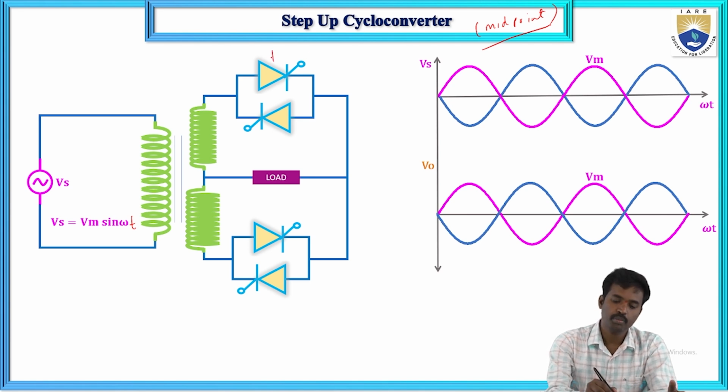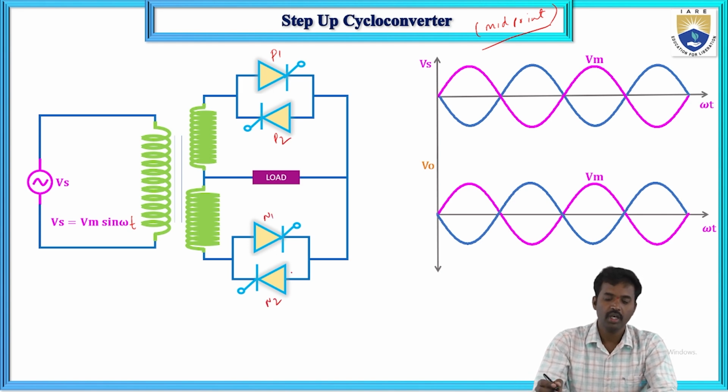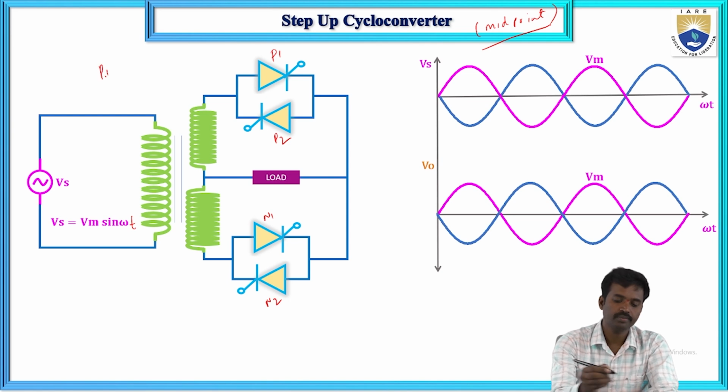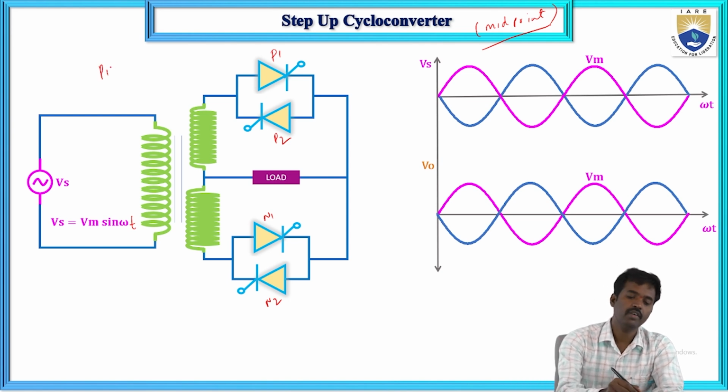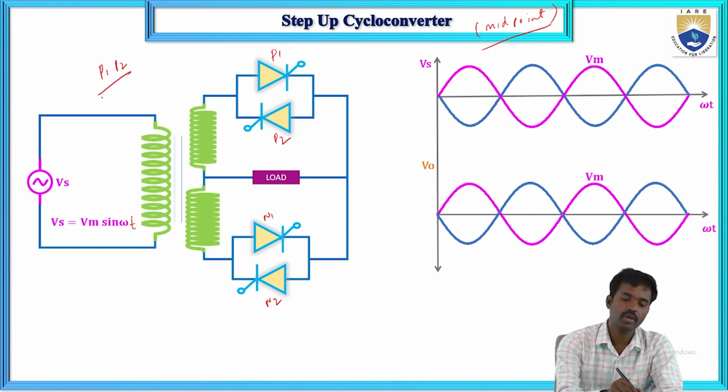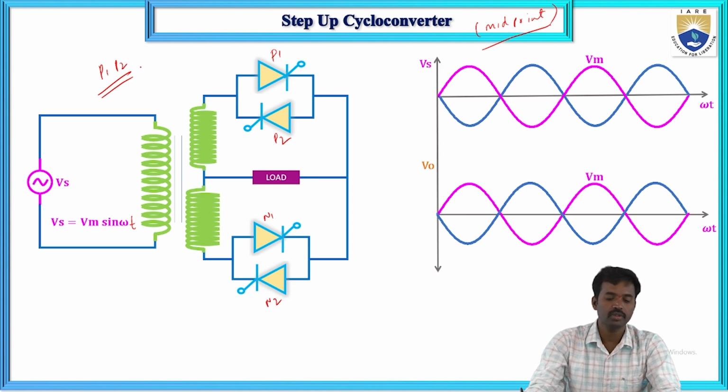These are P1 and P2, and N1 and N2. P1 and P2 are positive group thyristors, and N1 and N2 are negative group thyristors.